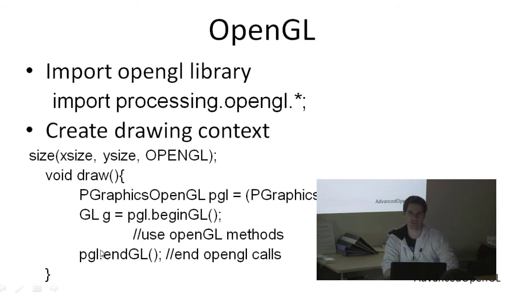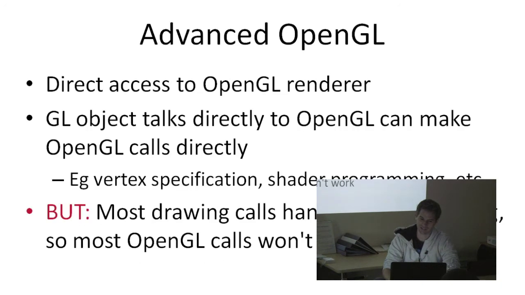P3D covers pretty much anything we're likely to use in this course, so I'm not going to bother looking into it, but it's there if you run up against a wall and you have to use it. Though when you're getting to that point, I'm wondering whether Processing is the best language to be using, because the graphics pipeline is probably no longer the problem. But if you really need to do super complicated stuff, OpenGL is there.